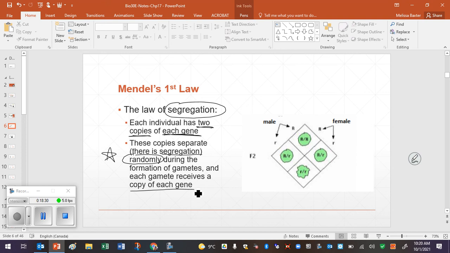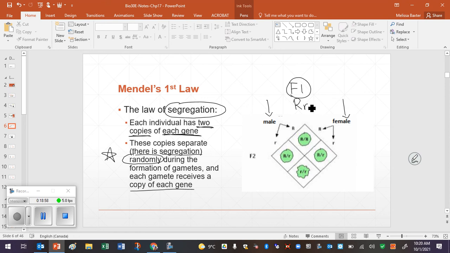And so if you look over on the side, you can see I have a male and a female here. And I'm using the same scenario that I did on the last slide. This is a male and a female from that F1 generation from the last slide, where each of them had one copy of the dominant round allele, my capital R, and one copy of the recessive wrinkled allele, my little r.